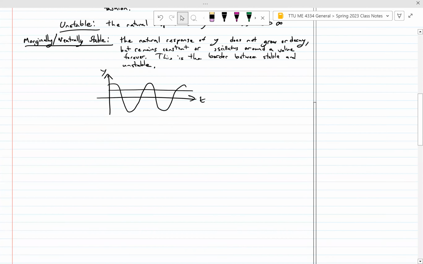So what are the rules for stability with relation to the poles? Give me one rule.